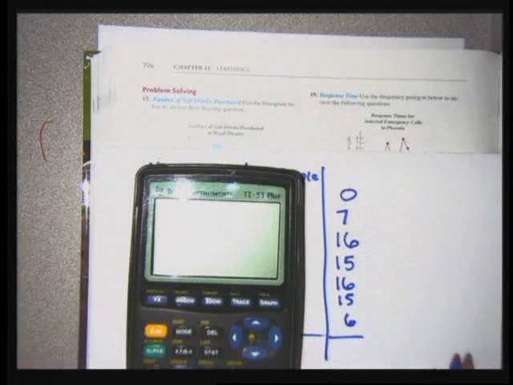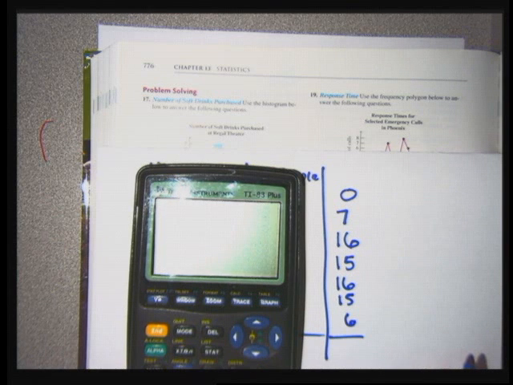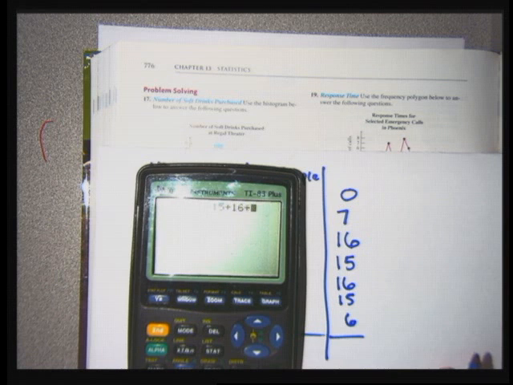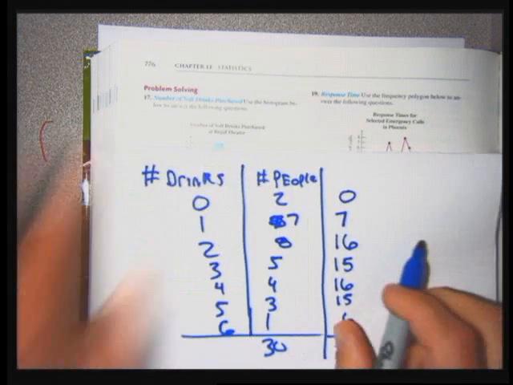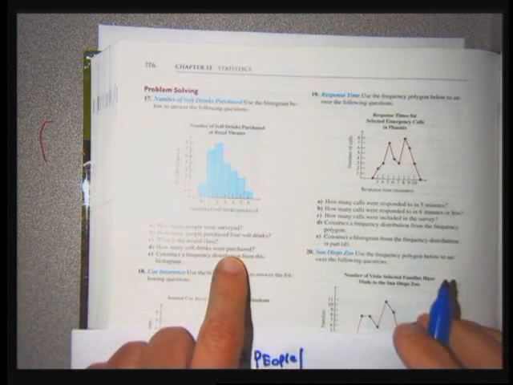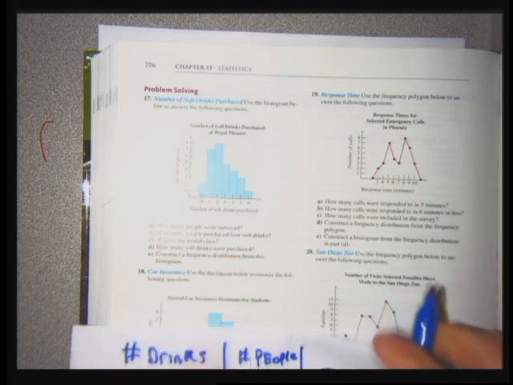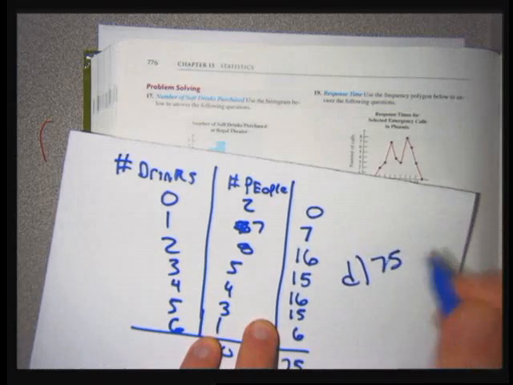I'm going to add up 0 plus 7 plus 16 plus 15 plus 16 plus 15 plus 6, and I get 75 total drinks. So the answer to part D is 75.